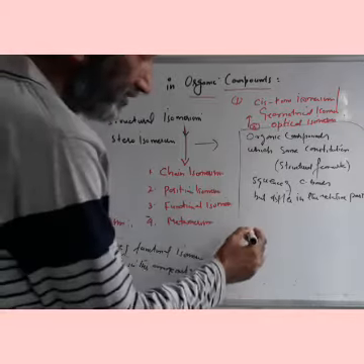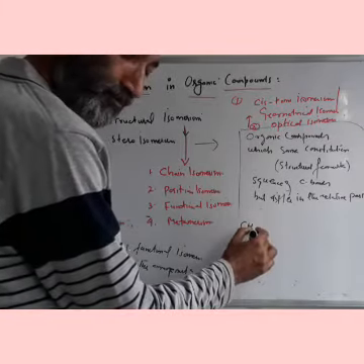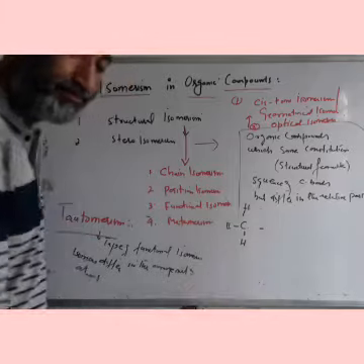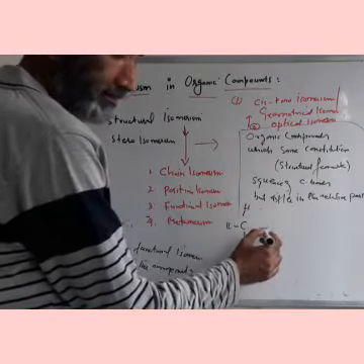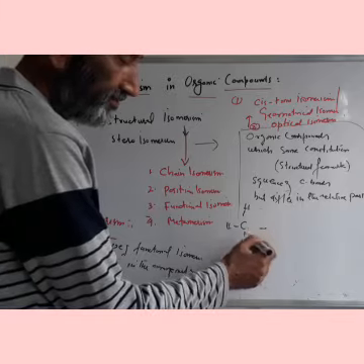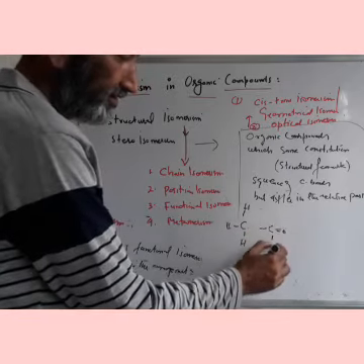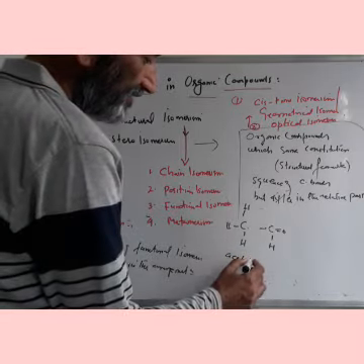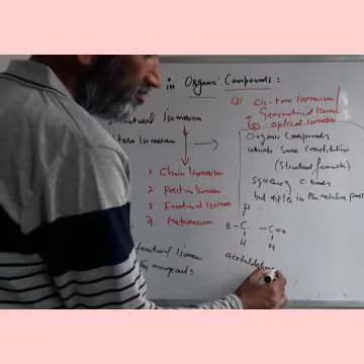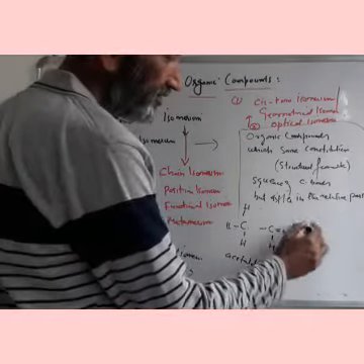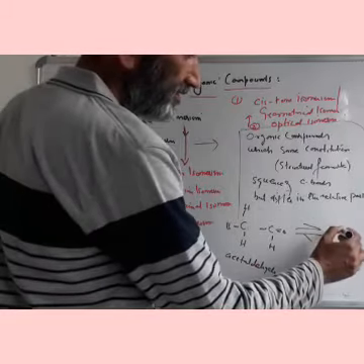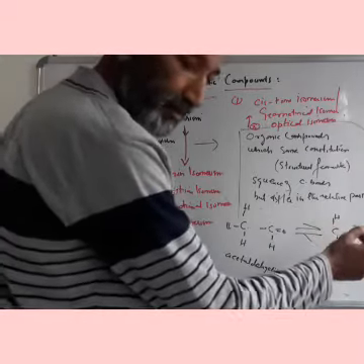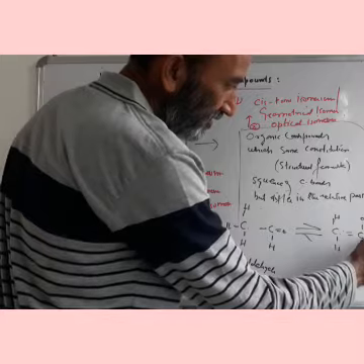For example, we'll take an example here. This is CH3CHO, that is CH3C double bond O, H. This is acetaldehyde. We have one more, that is CH2 double bond CH-OH.